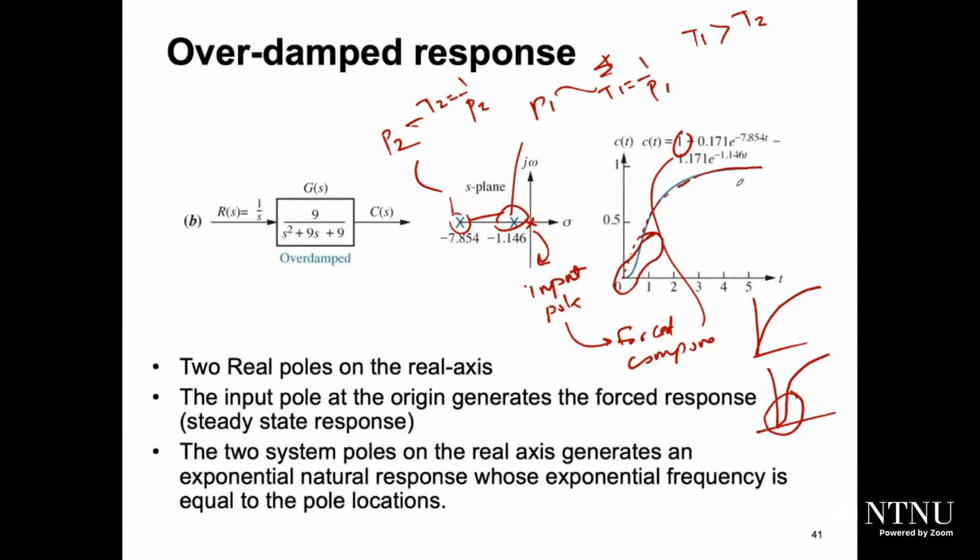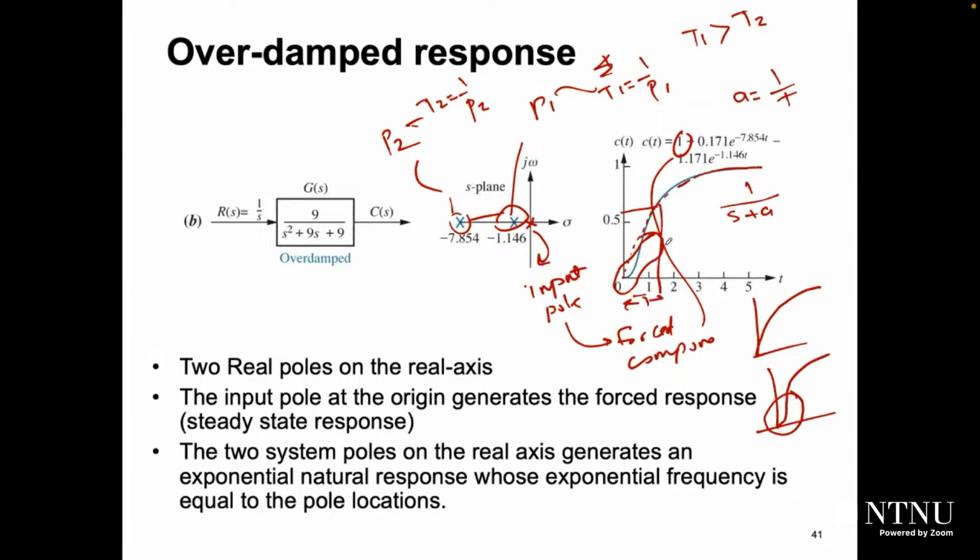So if I need to represent this one as a first order, it will be 1 divided by S plus A, and A will be 1 divided by T. So I just need to find this T value, right? So I will find 1 divided by S plus 1 divided by T. This one will be the dominating first order response.